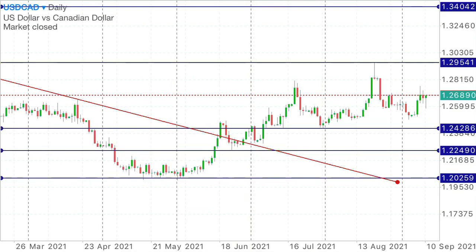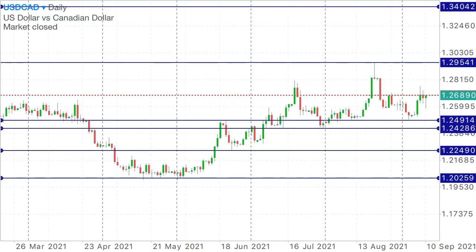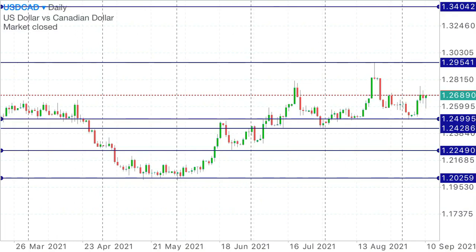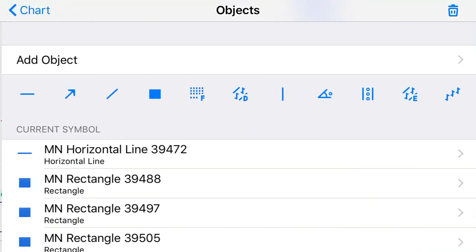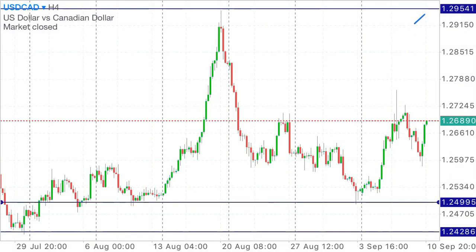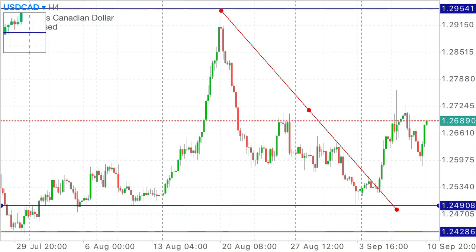Okay. Now I will be switching to an H4 time frame. If you can check on the H4 time frame, we still have this trend line breakout over here on an H4 time frame, right?